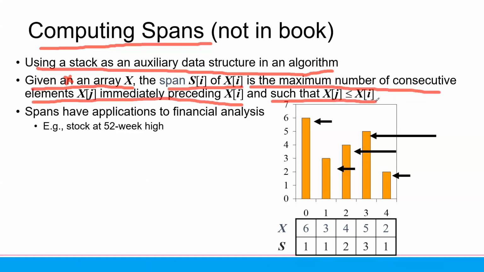Maybe it is difficult to understand the statement. Let's see like this. We have Xi. Let's say you have the stock price. And we want to see the span. S is the span.